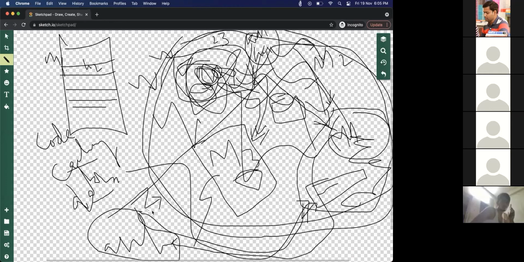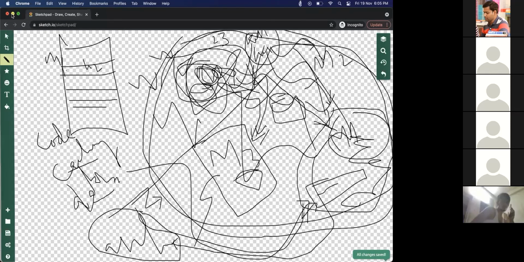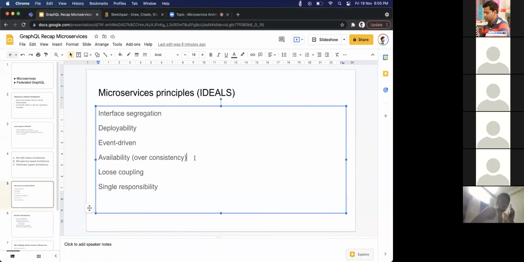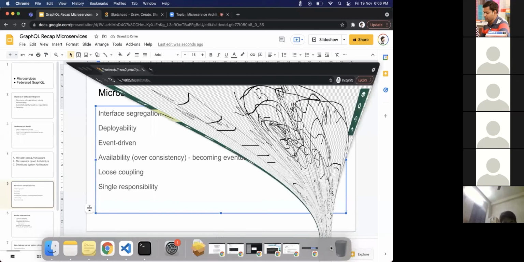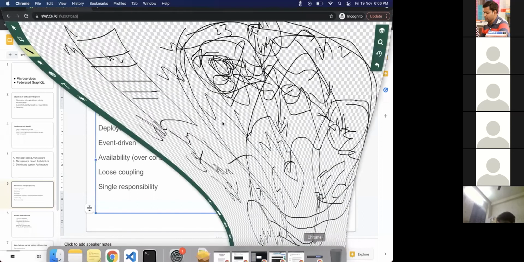You should always keep your systems available, and you can make some trade-off over consistency, because you are communicating, you eventually become consistent. Over time, you are telling your other services that the change has come, and to update their records. So maybe after 5 minutes, the entire system knows that Kishore has been updated to Kishore Kumar.